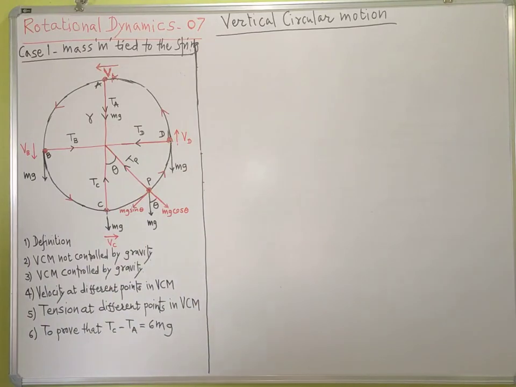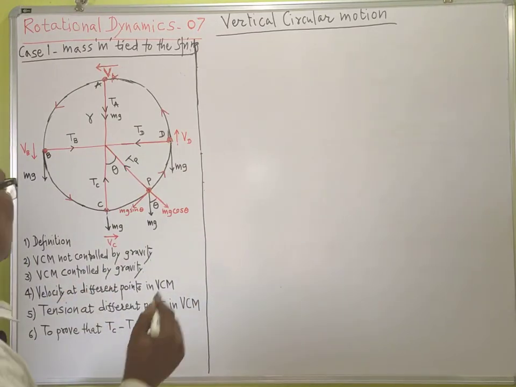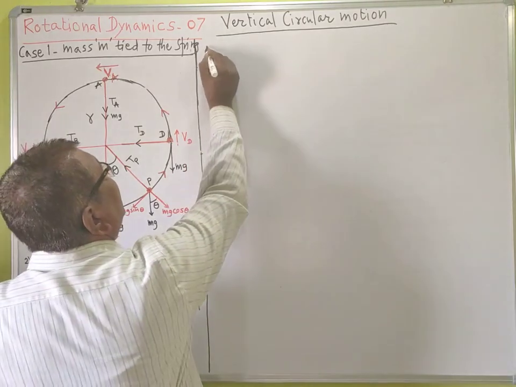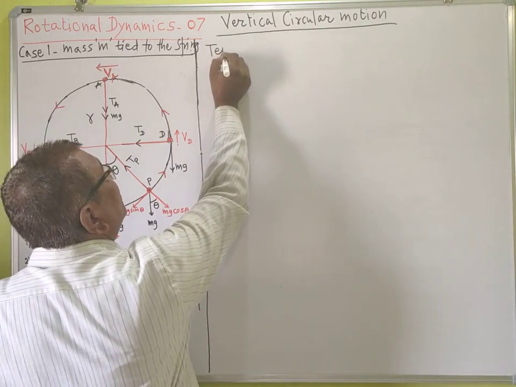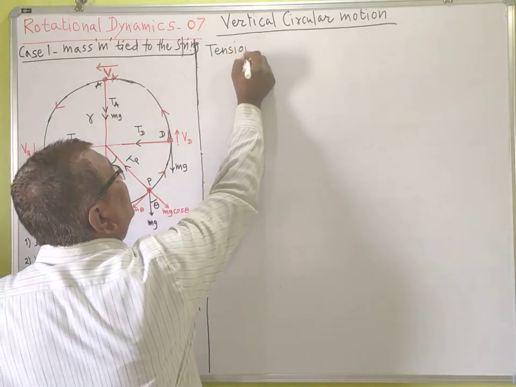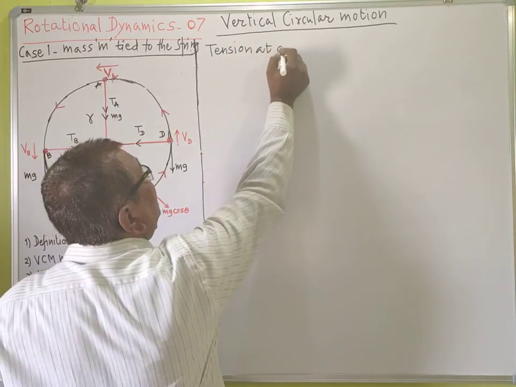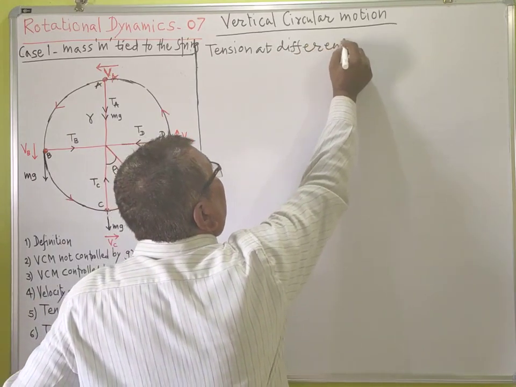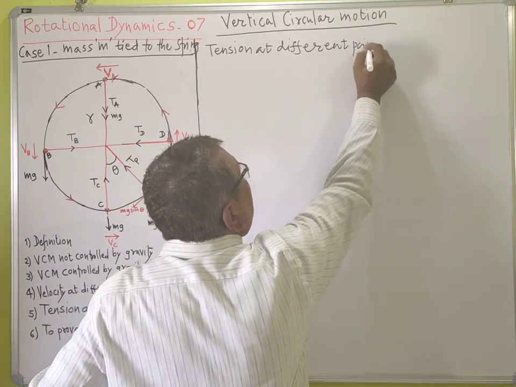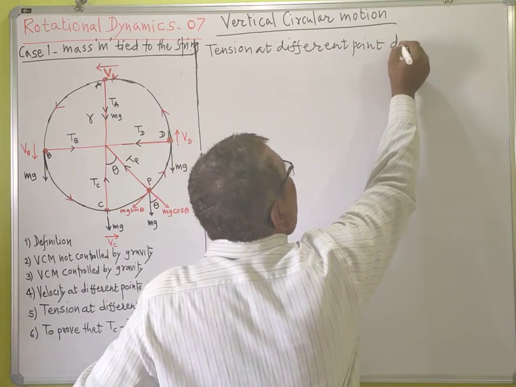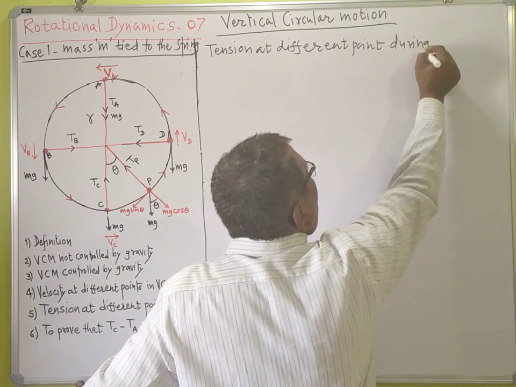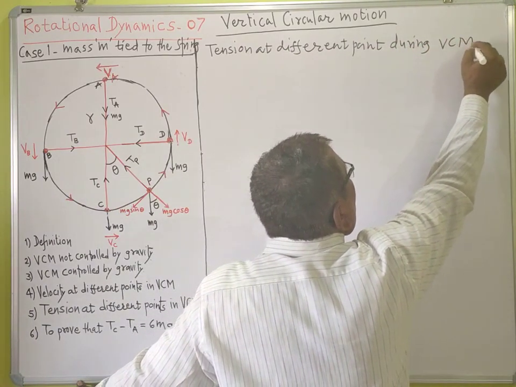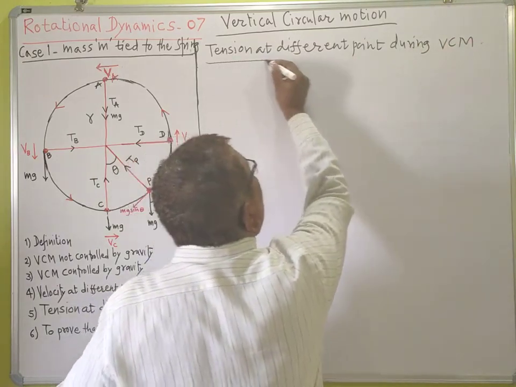Then we will see the next article. I will write here. What is that article? Tension at different points in VCM. Tension at different points during VCM, vertical circular motion.